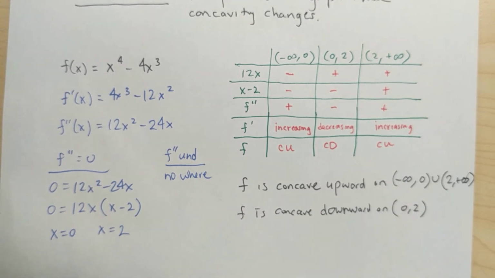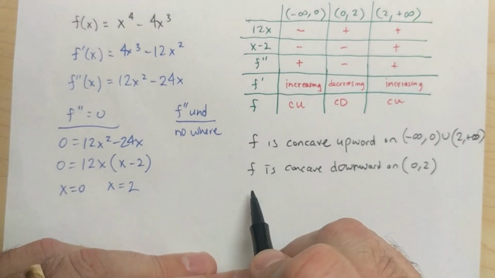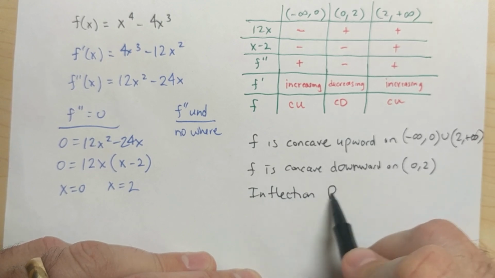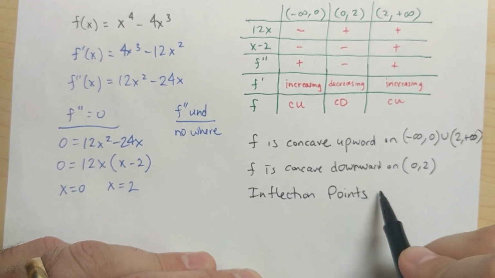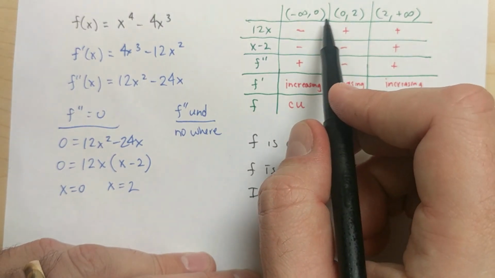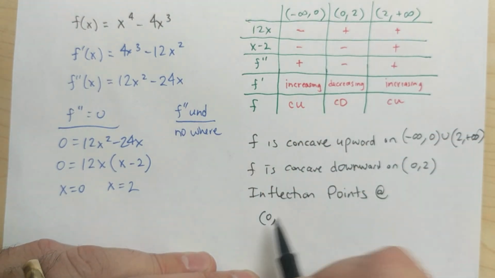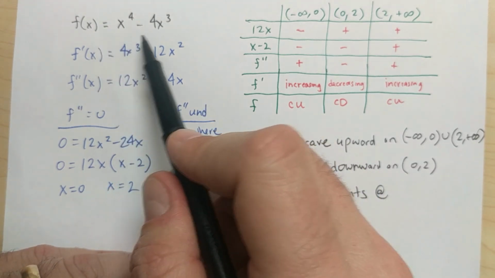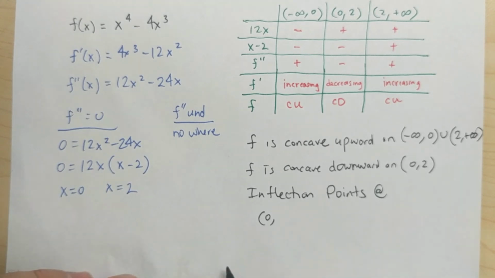And then lastly, inflection points. Inflection points at, well, the first place is at 0, comma, well, if I plug in 0 over to here, f of 0, I'm going to do some side work, f of 0 equals 0 minus 0.